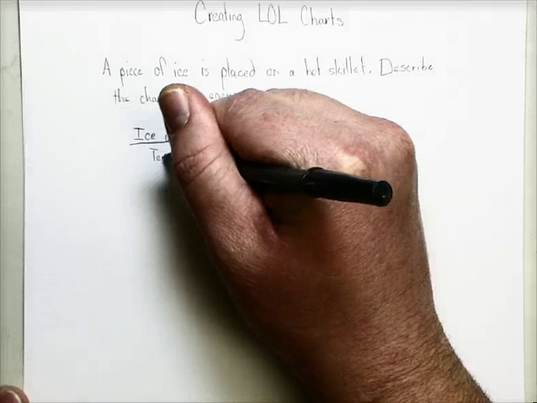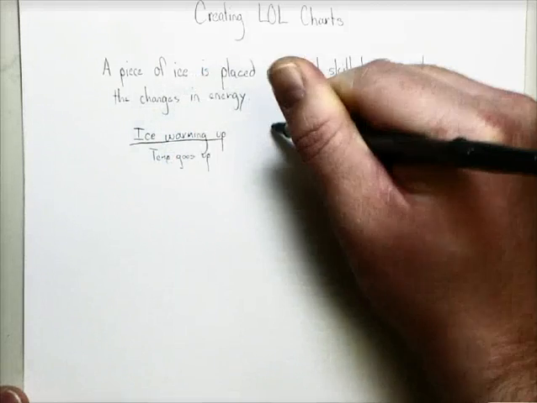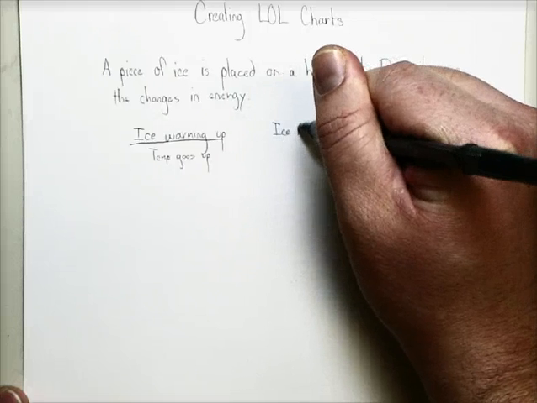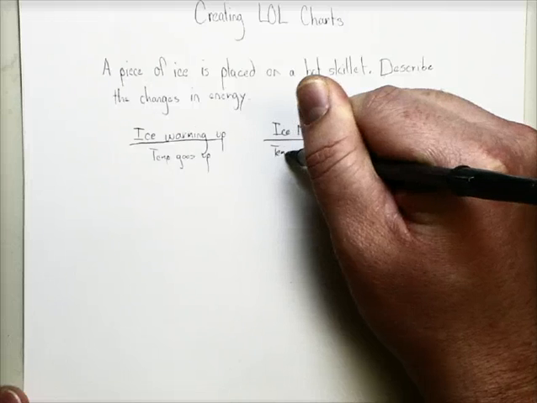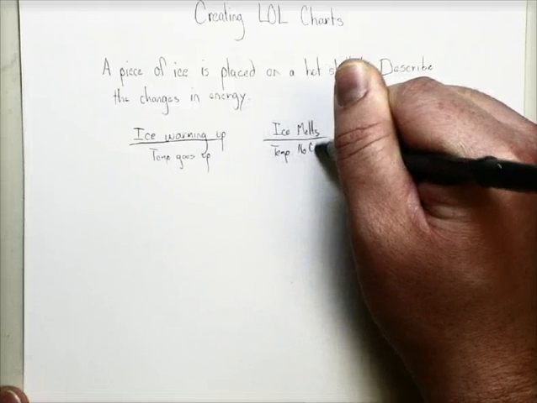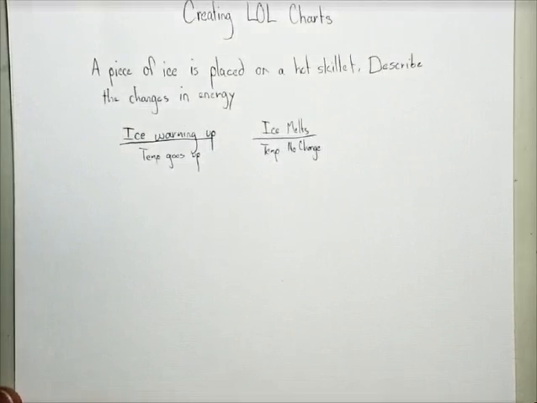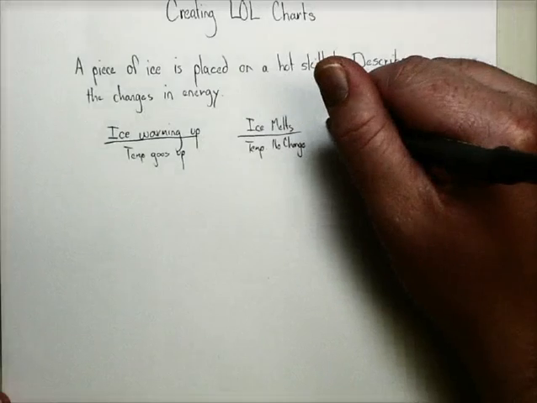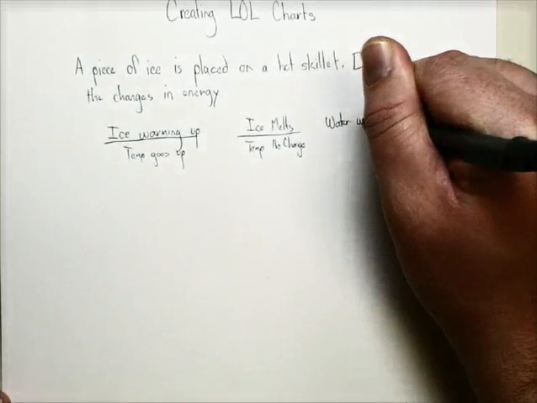I'm just going to say temp goes up. And then we have the ice melting. Here, the temperature does not change. So I'll say no change. And then we have, after the ice melts, water warming up.